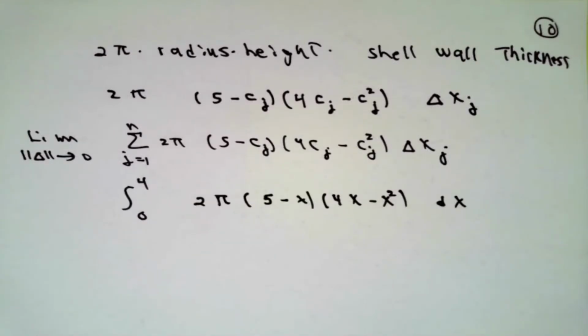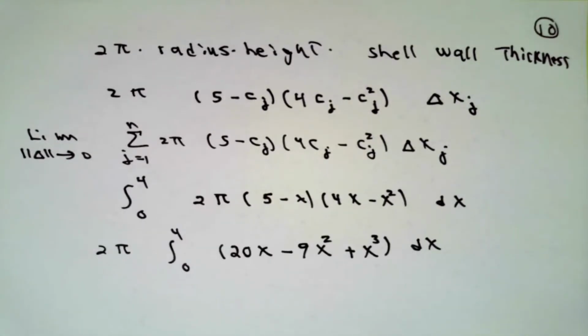This is considerably easier to obtain, the integral, than what went on with the washer method. 2 pi is a constant factor. I can pull it out in front of the integral. I'll also multiply out 5 minus x multiplied by 4x minus x squared.